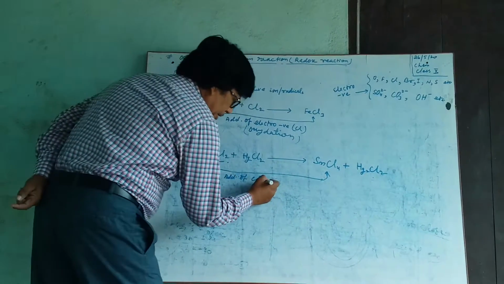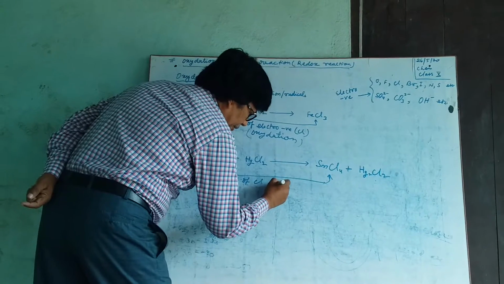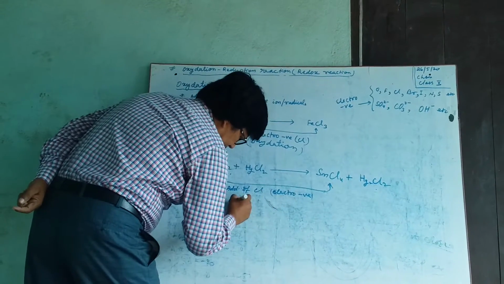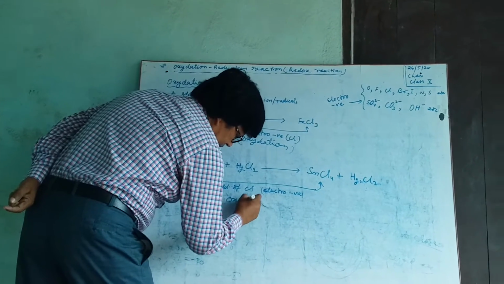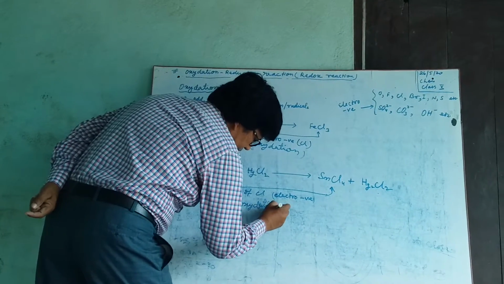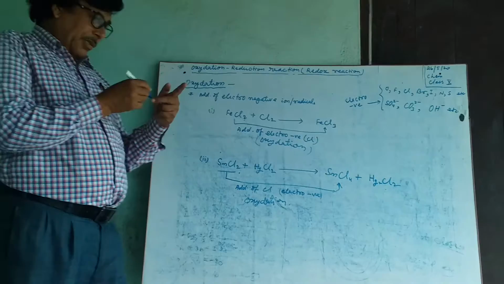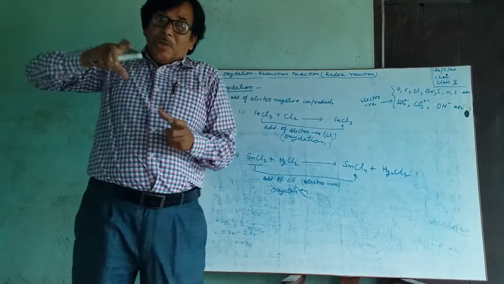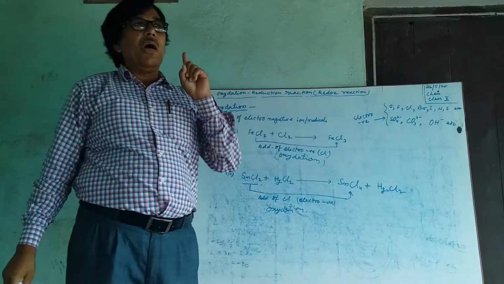Addition of chlorine, an electronegative, means oxidation. Thus we see that addition of electronegative or increment of electronegative is oxidation.